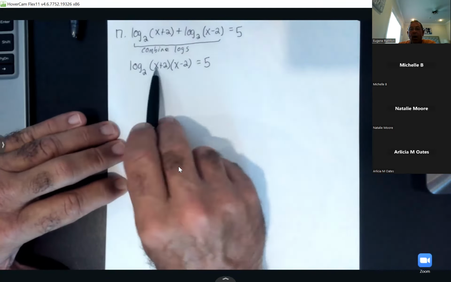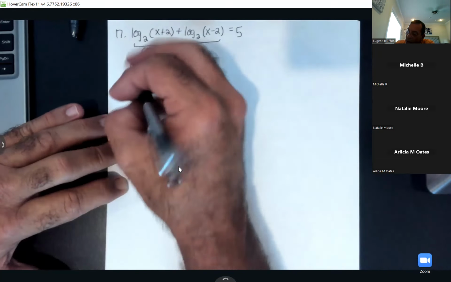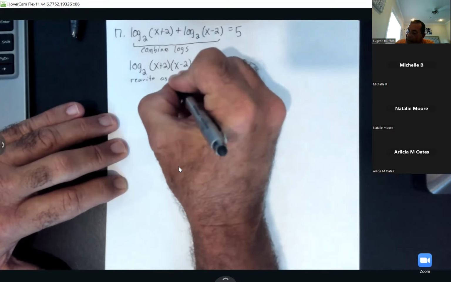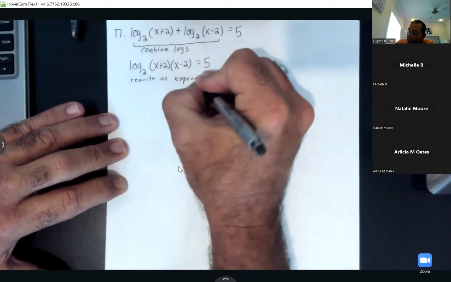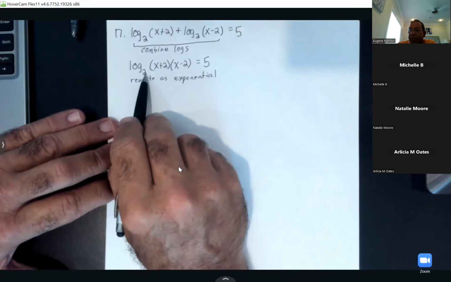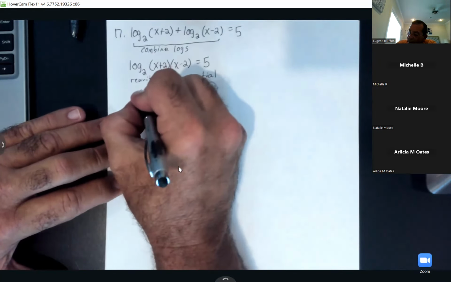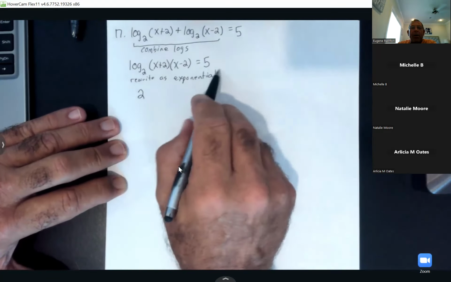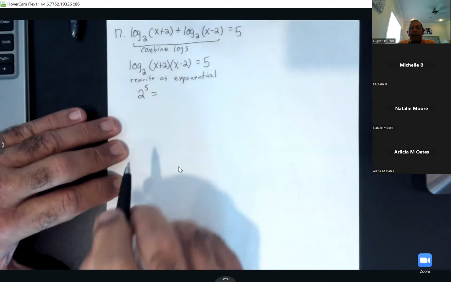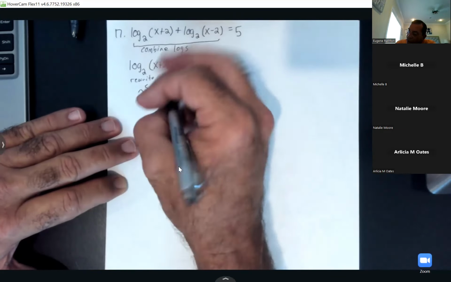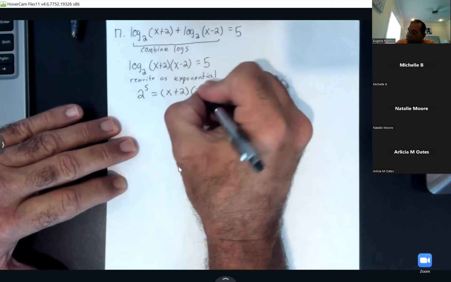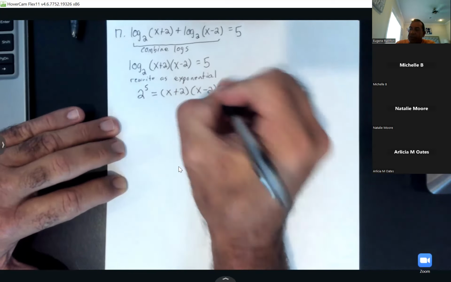All right, so I don't have a log on both sides. So the only other choice, rewrite this as exponential. So you would bring down the base, which is a 2. The exponent is the 5. Now, the result is the x plus 2 times x minus 2.